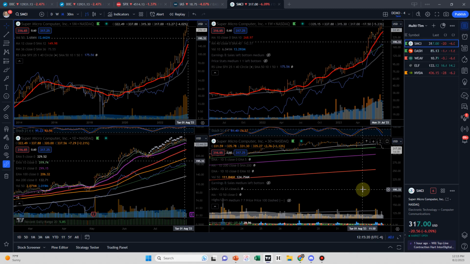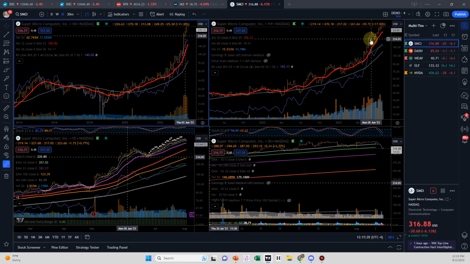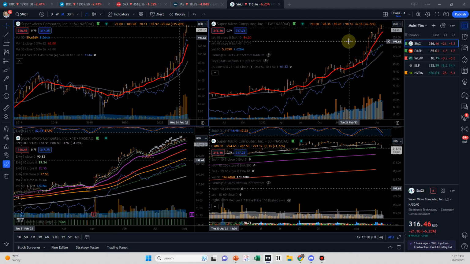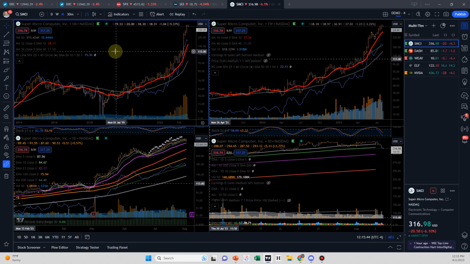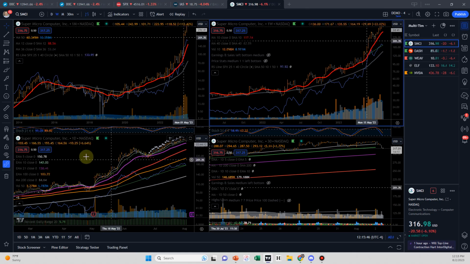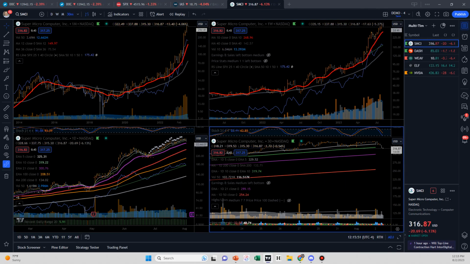The reason is that it makes it a lot simpler to see where levels line up. As we go through each of the samples later on, you'll see exactly what I mean. My preferred way to have this set up is to have a monthly over here, weekly over here, daily, and then the 30-minute time frame down there.